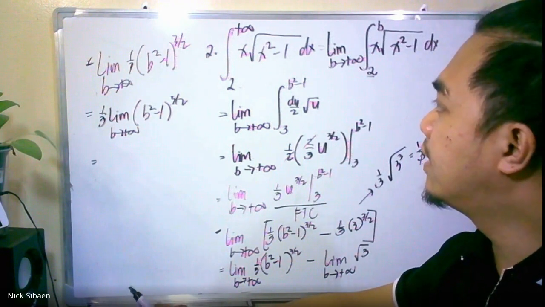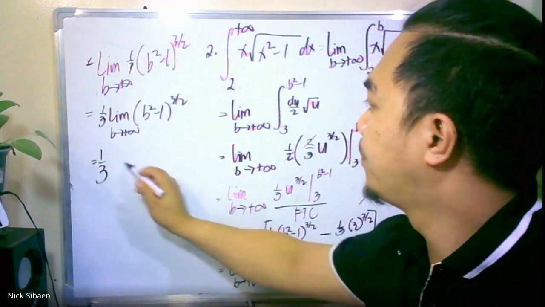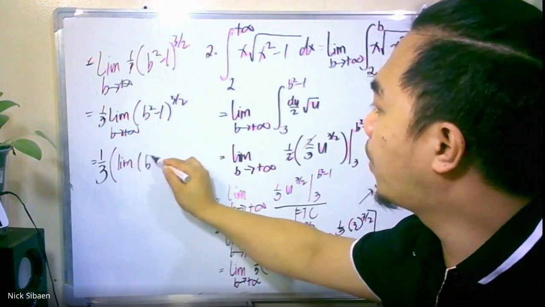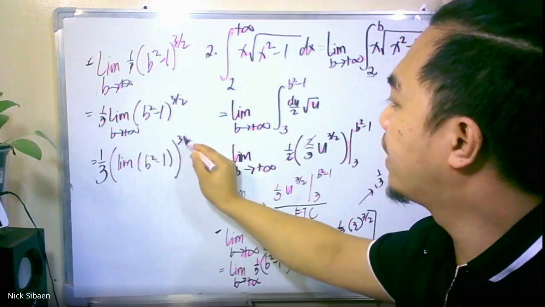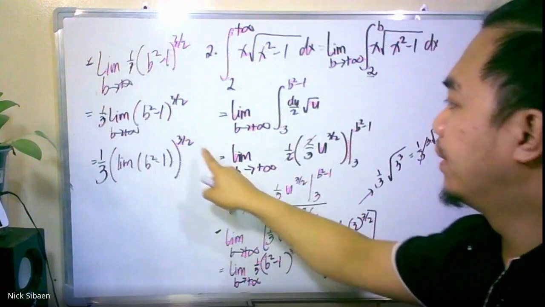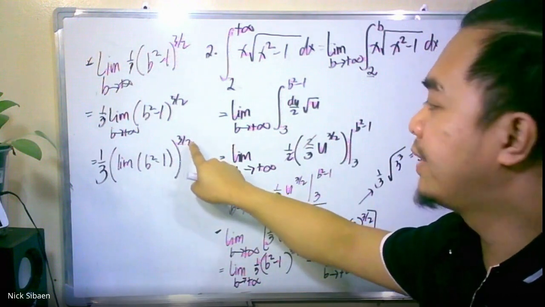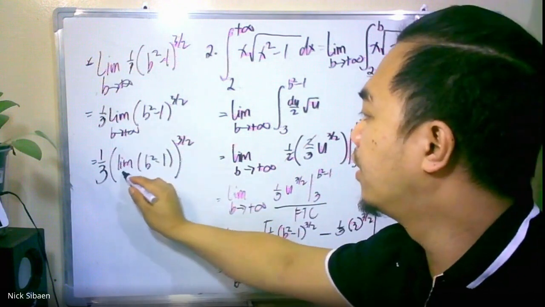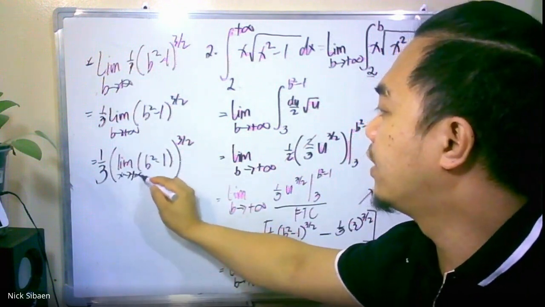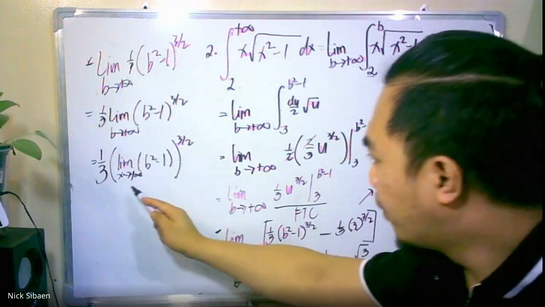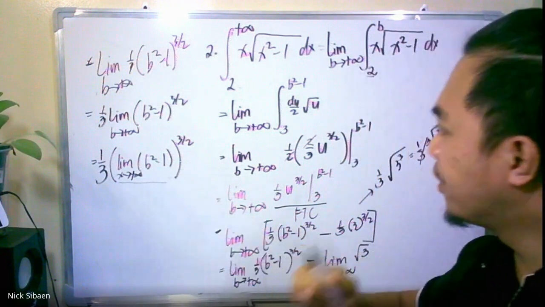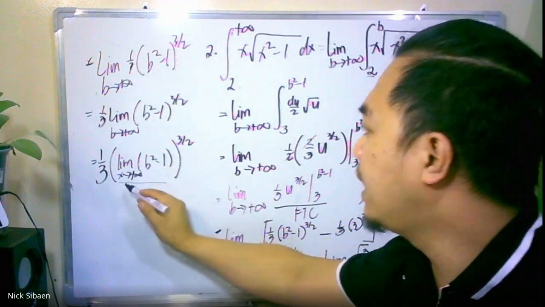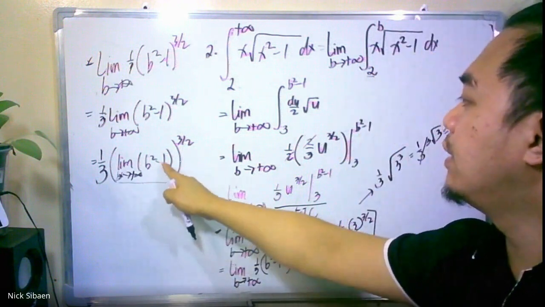That is just the same as the limit of b squared minus 1. Tapos parang lumabas yung power. It's not just the power of b squared minus 1, but the power of the entire expression, na yung limit expression natin. Okay, so ang pinaka-limit na isosolve na natin ngayon, it's the limit of b squared as b approaches positive infinity, tas yung limit ng 1.